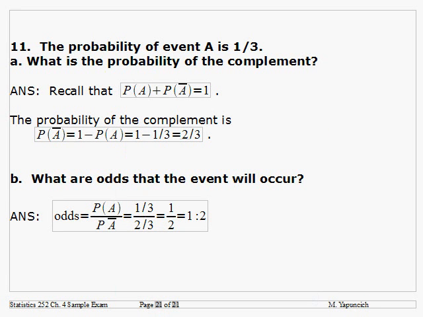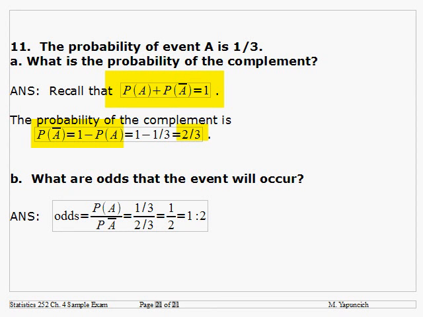You can remember this equation, that the probability that A will occur and the probability that everything except A will occur is all the space, is everything, all possibilities, and it's a probability of 1. So by subtracting the probability of A and putting it on the other side, we get this equation. Since A is 1/3, we subtract it and get 2/3.